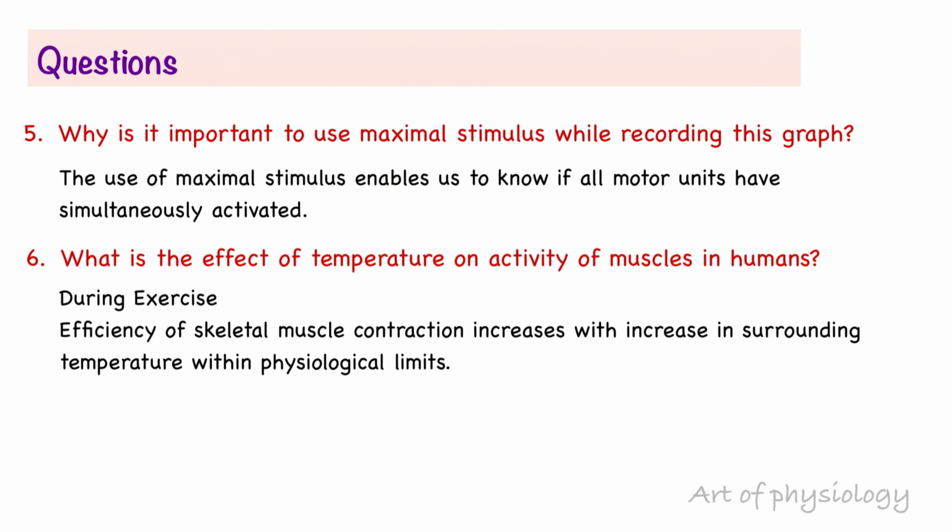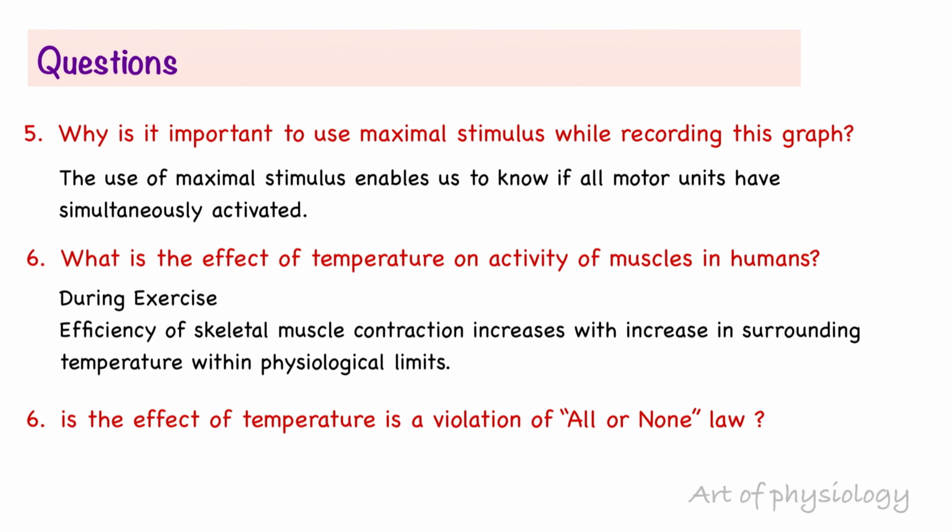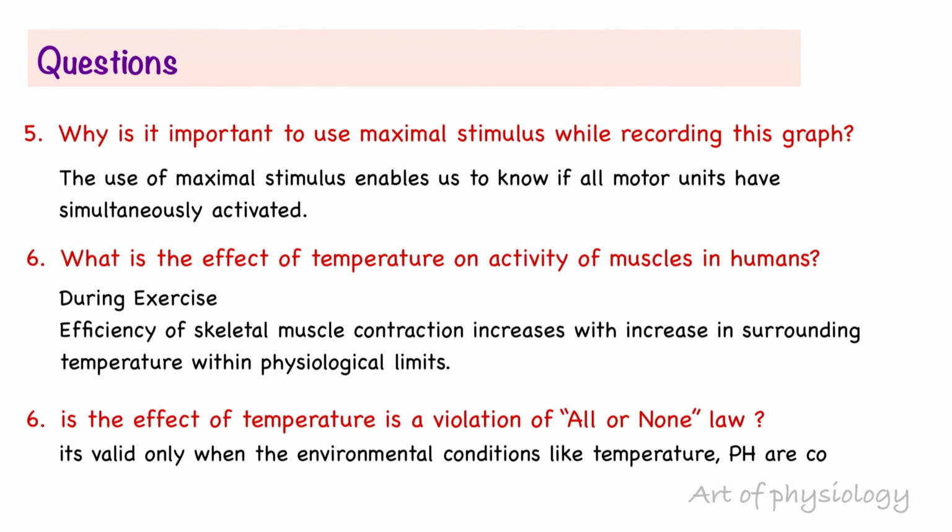So that is the effect of temperature on human muscles. Now, is the effect of temperature a violation of the all or none law? Exactly, it is a violation of the all or none law. The all or none law is valid only in normal environmental conditions, like normal temperature, normal pH and so on. So this is an exception, or a violation, of the all or none law.